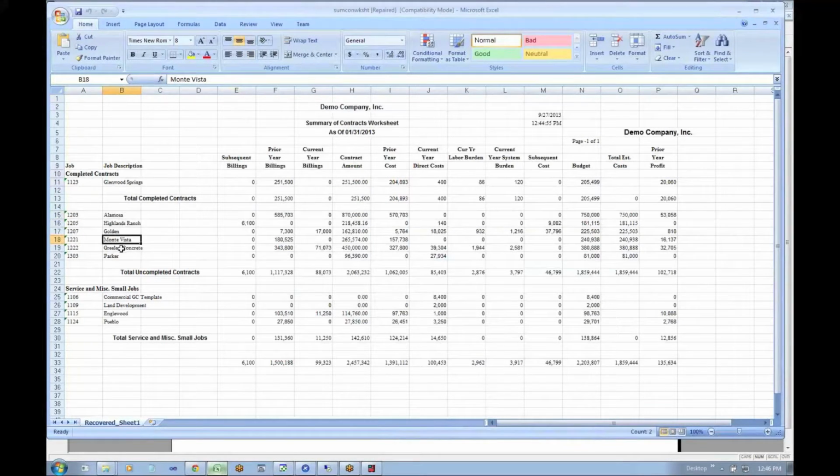You're not going to have to pay somebody to type in all the jobs, and they can manipulate the data around and put it in their own format. So it's a really helpful step, and the CPA firms that are familiar with it really like that.